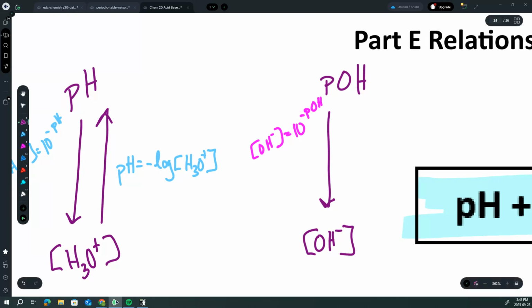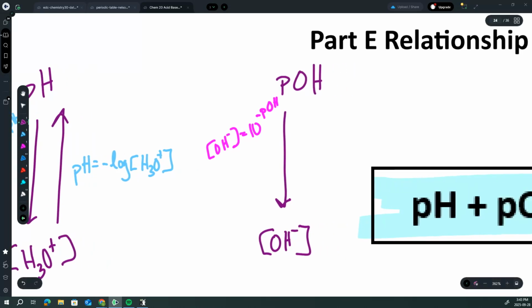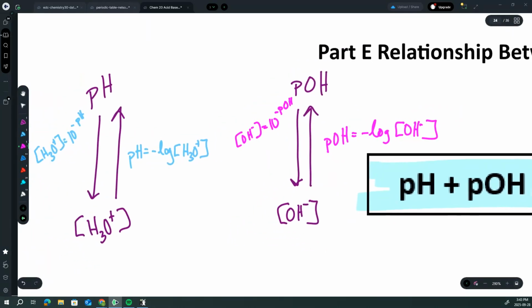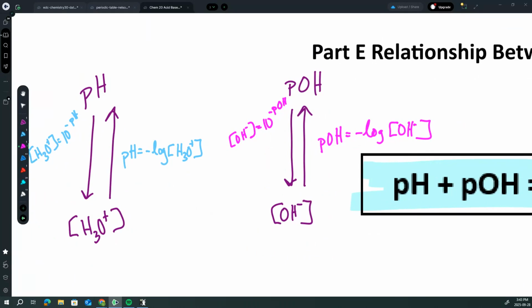Or if you wanted to go the other way around, so you're starting with concentration of hydroxide ions and you want to find pOH, you would go pOH is equal to negative log concentration of hydroxide. Okay? Again, what I'm trying to say here is pOH only helps you to find concentration of hydroxide ions. It does not help you find concentration of hydronium.